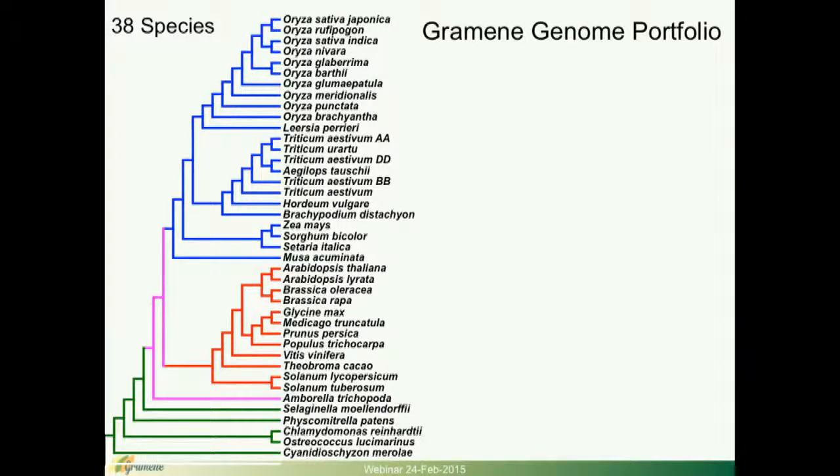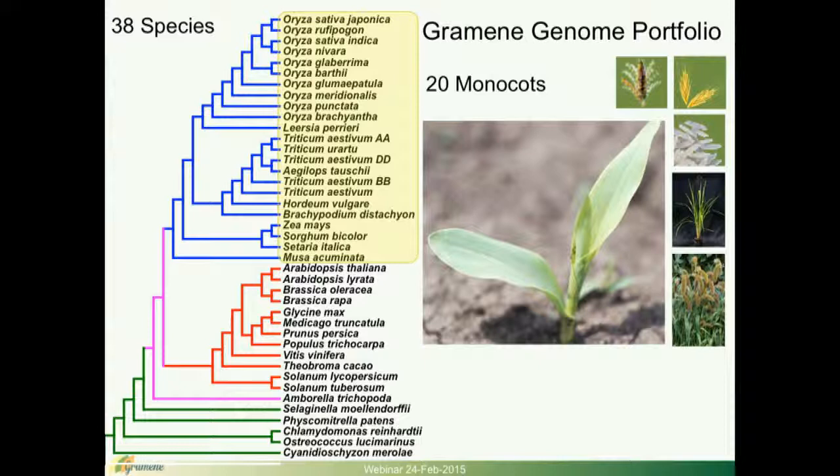This is what I call the Gramene genome portfolio: 38 species of plants. These include 20 monocots, mostly cereal grains, but also banana. Our resource is very rich in the Oryza genus.